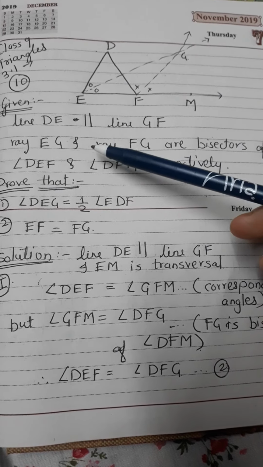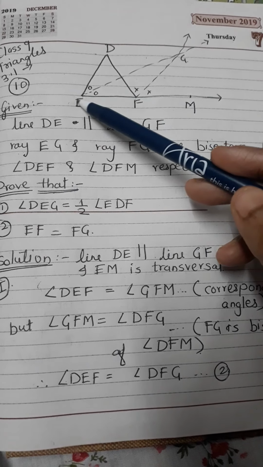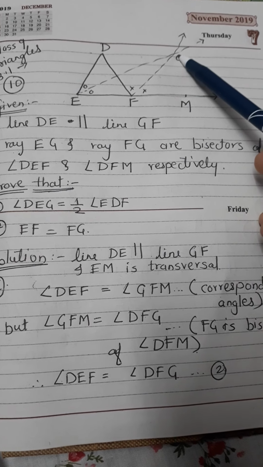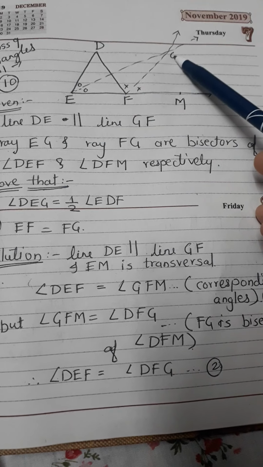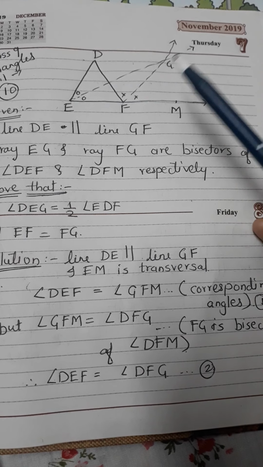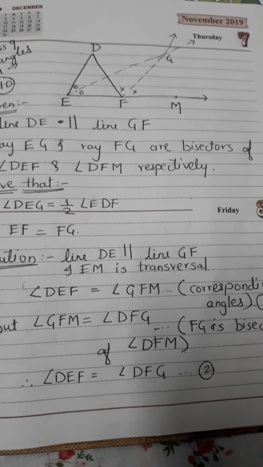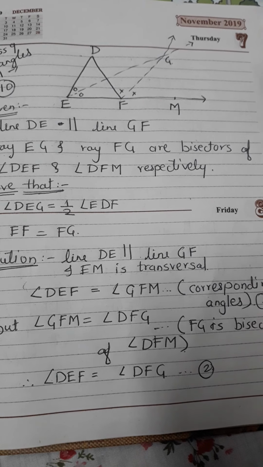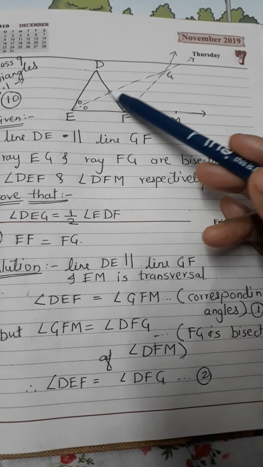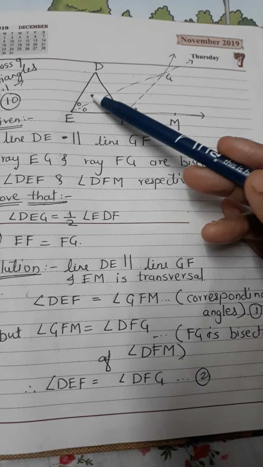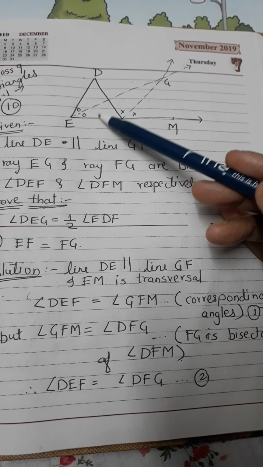Then ray EG and ray FG are the bisectors. Now what are bisectors? Bisectors are the ones that divide the angle into two equal parts. So here EG is a bisector, so it divides this angle into two equal parts.